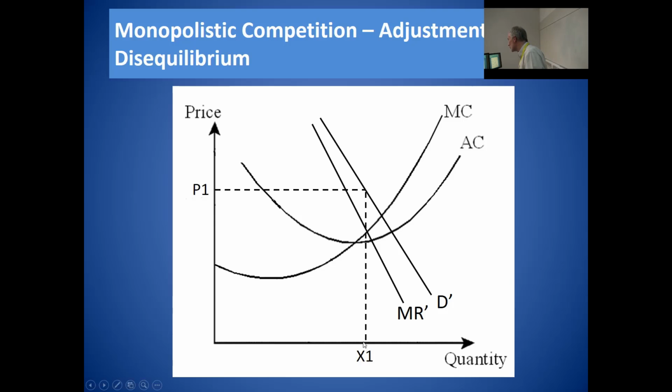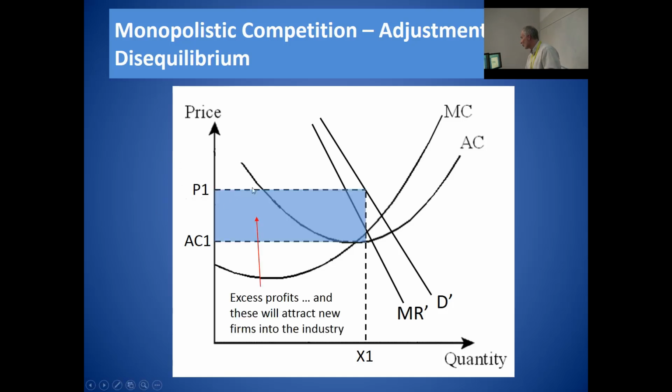For those X1 units of output, the price charged is P1 per unit, but the average cost per unit, read down to the average cost curve, is lower there at AC1. So the price charged per unit is greater than the average cost, and the vertical distance between the two is the profit per unit. You're charging a higher price than it costs to produce. And that entire shaded area will now be the excess profits.